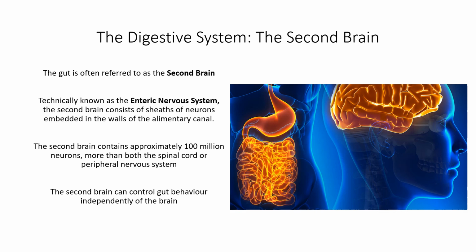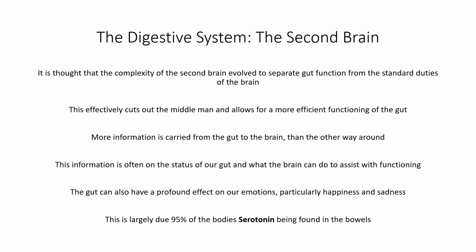So if you think there's a hell of a lot of neurons, and that shows you the sophistication of the gut and the level of the information that it feeds back to the brain. So the second brain can control gut behavior independently of the brain. So it's thought that the complexity of the second brain evolved to separate gut function from the standard duties of the brain.